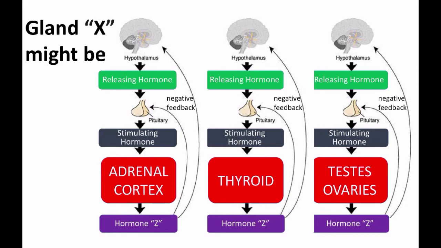For 4 of the 7 anterior pituitary hormones, there is a pattern where the hypothalamus produces a releasing hormone that stimulates the anterior pituitary to release a stimulating hormone, which then stimulates a third gland, either the adrenal cortex, the thyroid, testes, or ovaries, to release a third hormone.